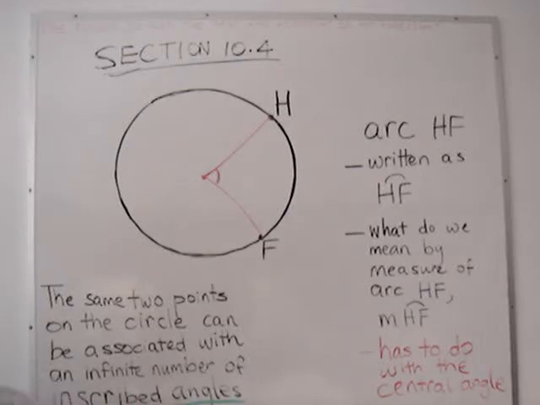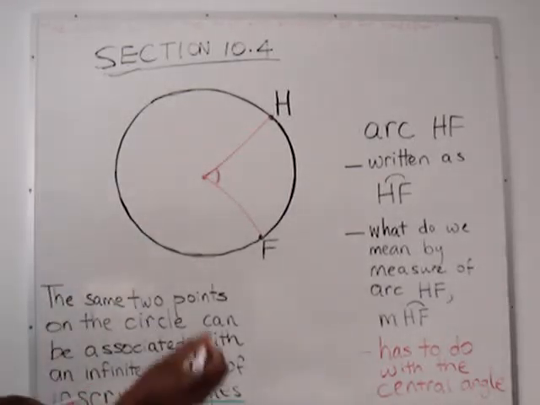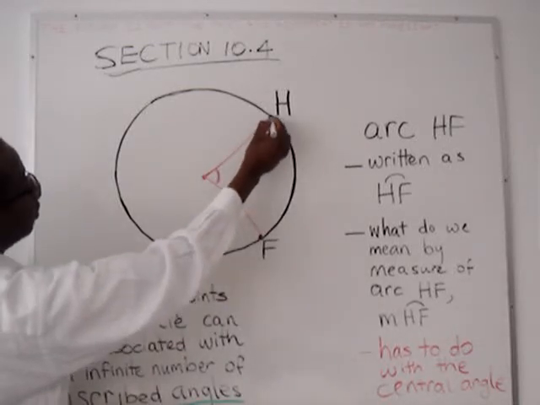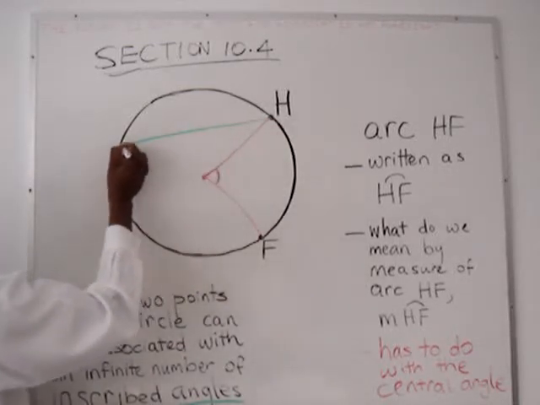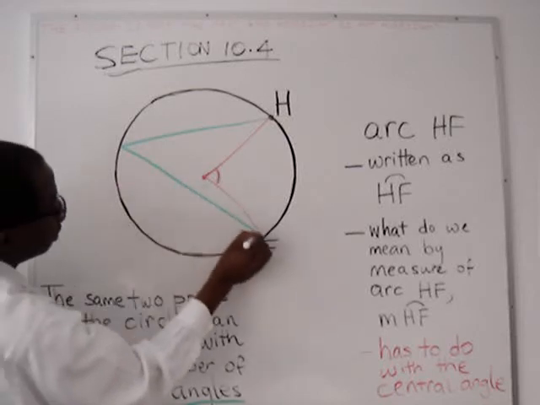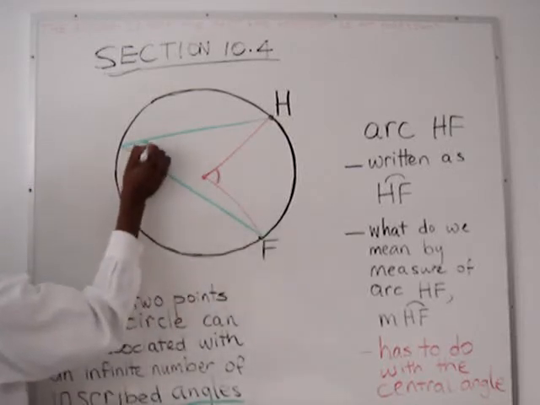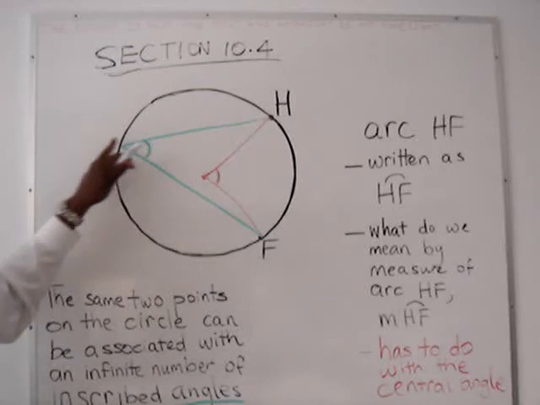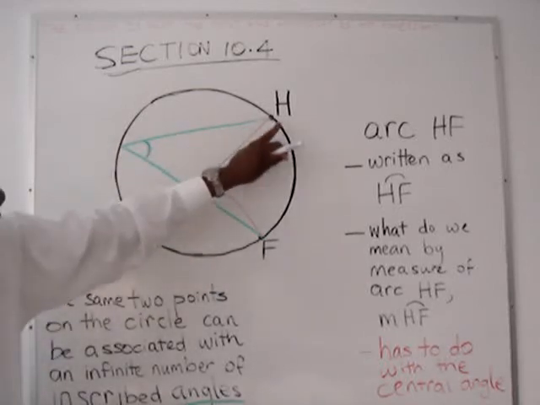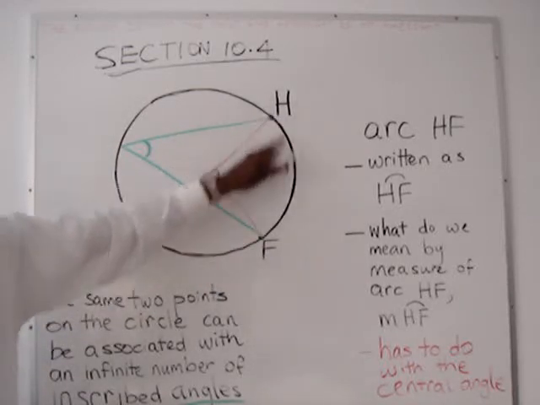Let's use the green color to show a few inscribed angles. For example, there is an inscribed angle associated with arc HF.